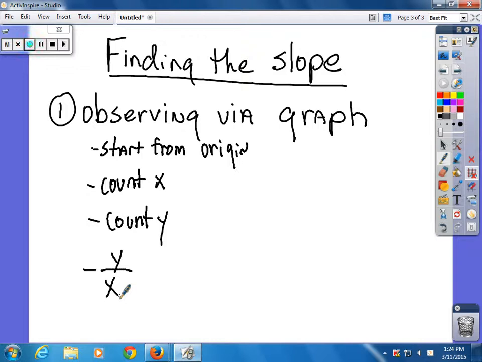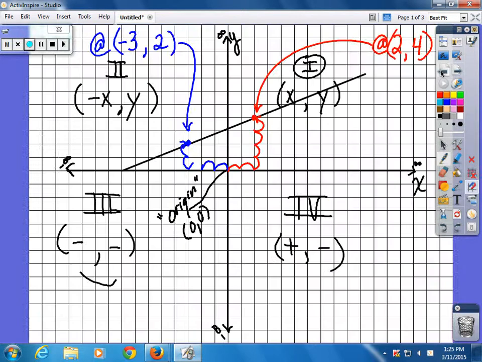Now, of course, you know, anything physical is hard to show, kind of like giving a haircut over the phone. It's hard to show it unless you're actually looking at the graph. So take this and follow along as we go to the first graph that we did right here. This one does not go through the origin, so you can't start from the origin.